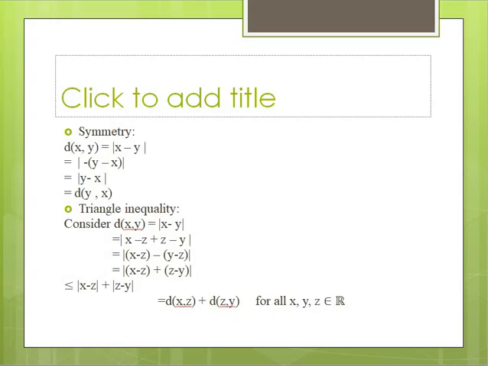Symmetry: distance between x, y equal to modulus of x minus y, which is equal to modulus of y minus x, which equals distance between y, x.